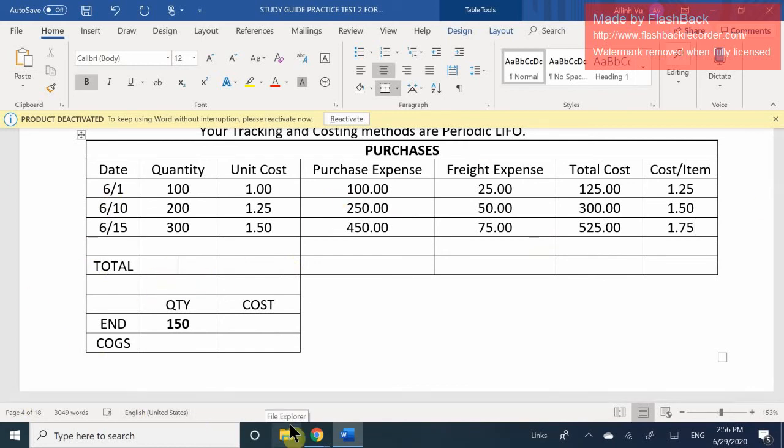Total up quantity and expenses. So what's my total quantity? 600. We can skip that one. Cost is 7,800? Where did you get that?